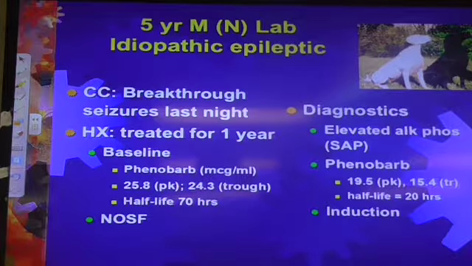So tolerance and disease getting worse are basically the same thing, at least as far as what you do. You could still up the dose, but now you're increasing his risk of toxicity. Is that making sense? Okay.